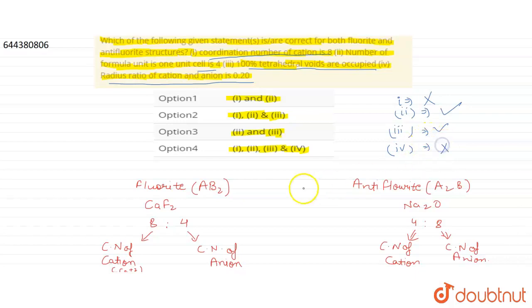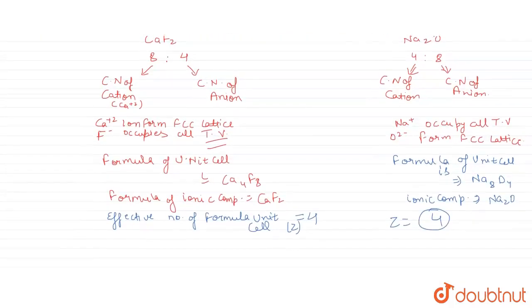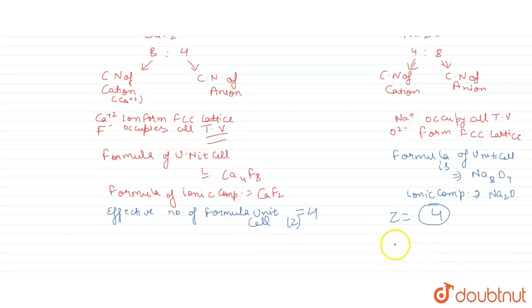In antifluoride structure, that is Na2O, the radius ratio of cation to anion is not the same as the radius ratio of cation to anion in fluoride structure.